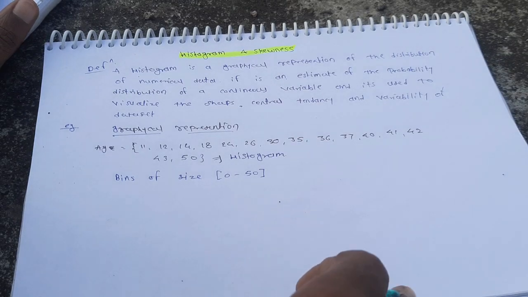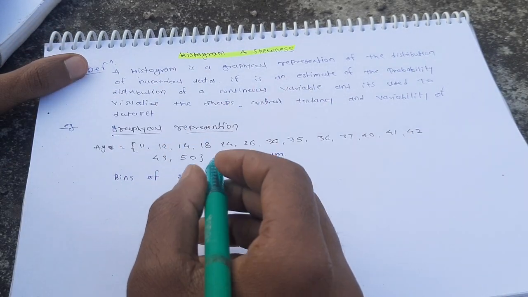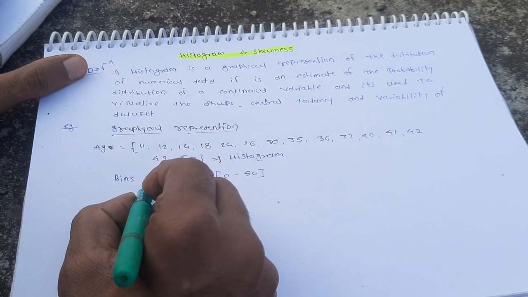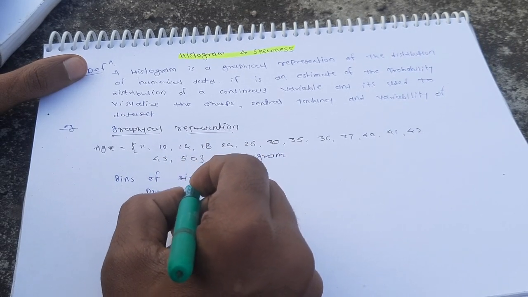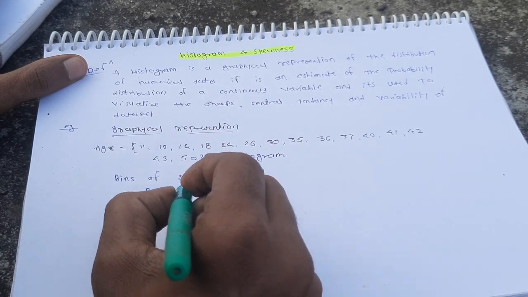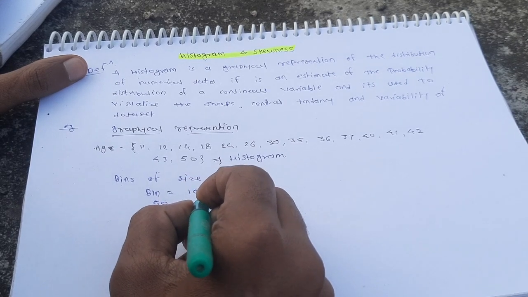We consider a total number of bins of 10, so the bin size is 50 divided by 10, which is 5.